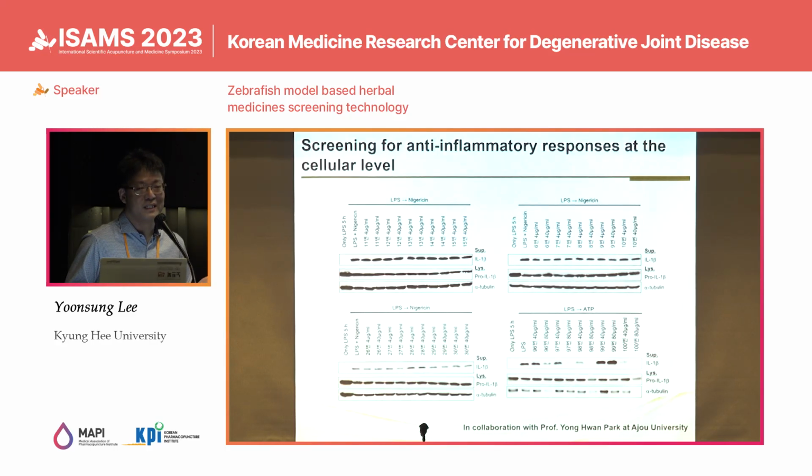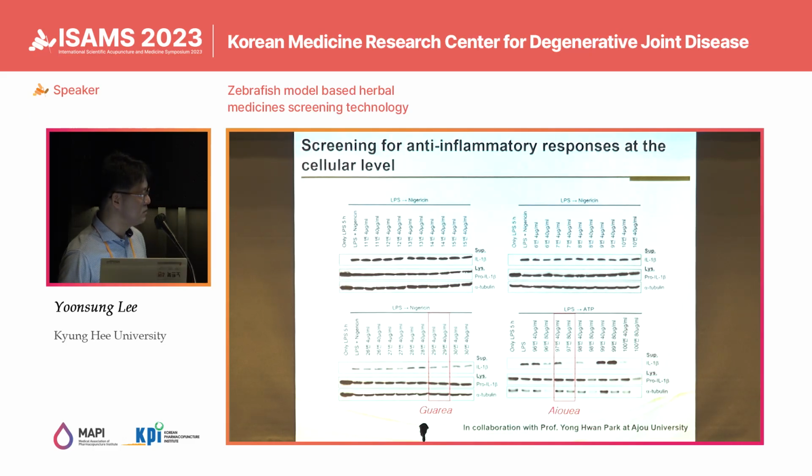This is one good example showing the role of zebrafish as a bridge from cell to mouse systems. The first screening was done at Aju University, and they found some good candidates with potential anti-inflammatory effects.